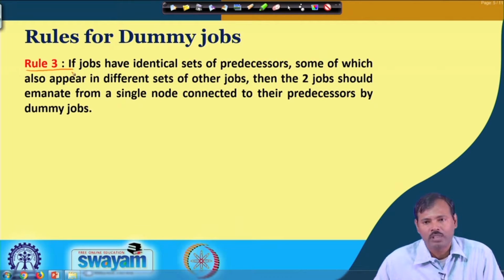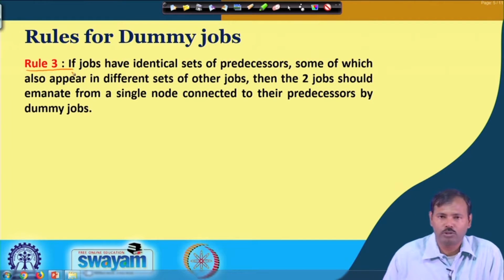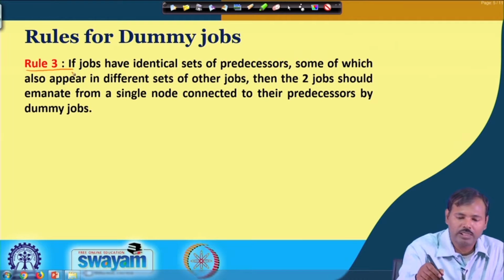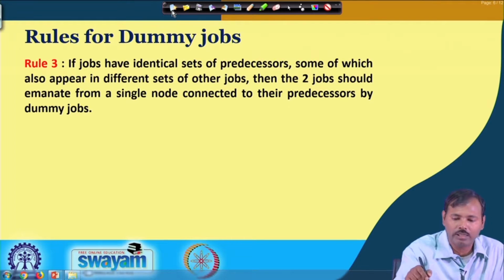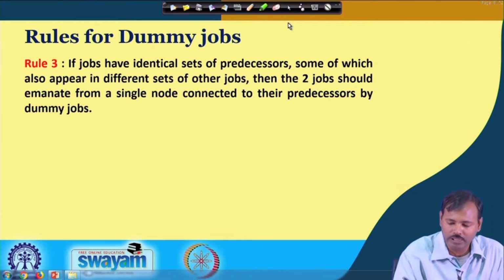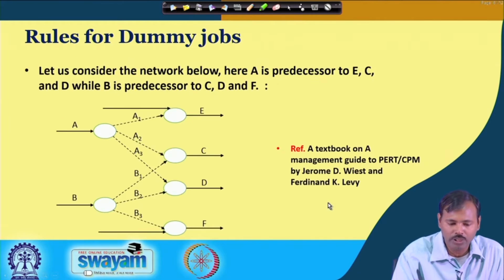That means, if there are a number of dummy jobs which are common predecessors for some successive jobs, in that case they can be connected to a common node, and by that way we can eliminate a number of dummy jobs.